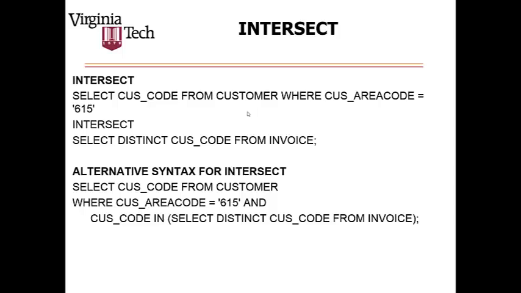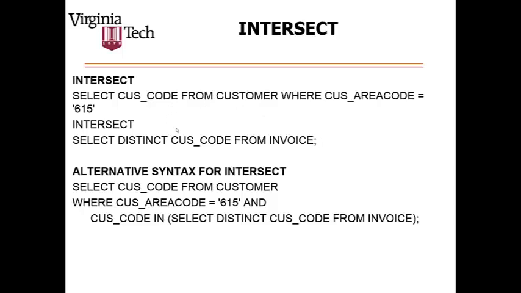All right, select the customer code from customer where the area code is 615. That gives us a list of customers from that area. We intersect that with the distinct customer code from invoice, which is the list of customers that have provided invoices.